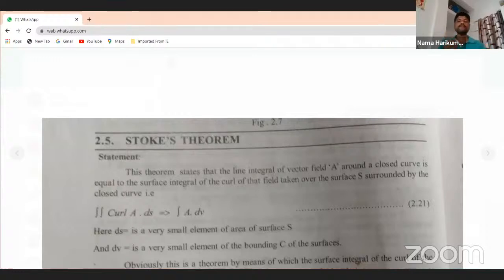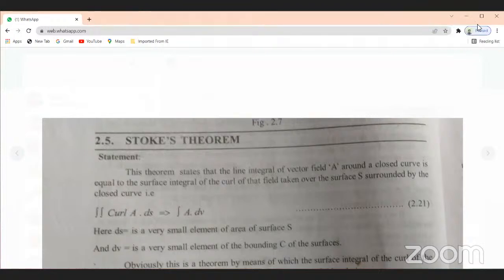So our equation is integration of A dot dl equal to double integration of curl A dot ds. That is the Stokes theorem statement. Is the statement clear? Yes, sir.